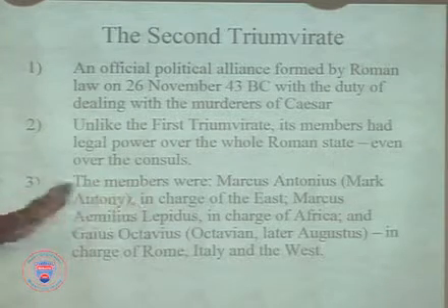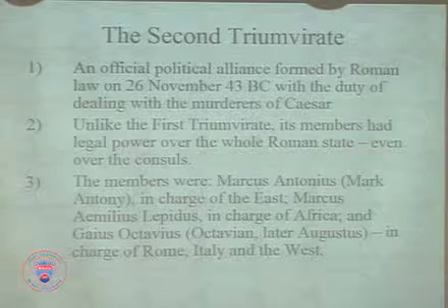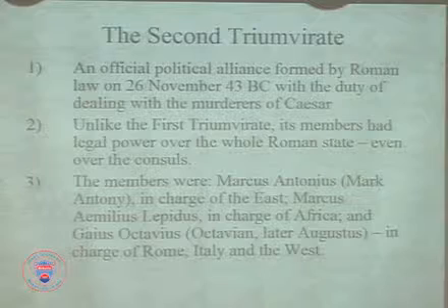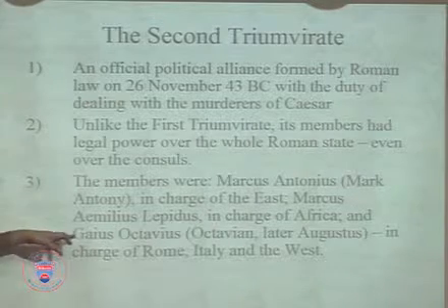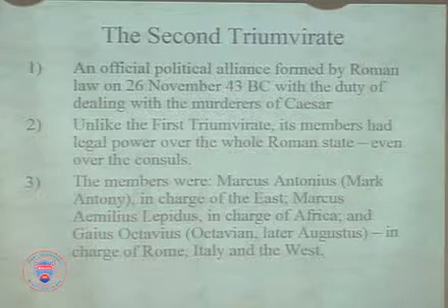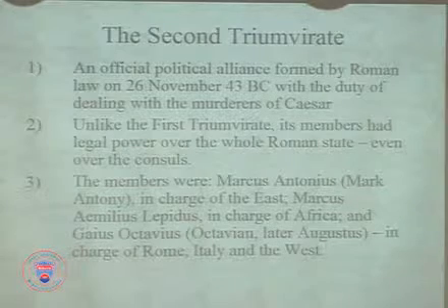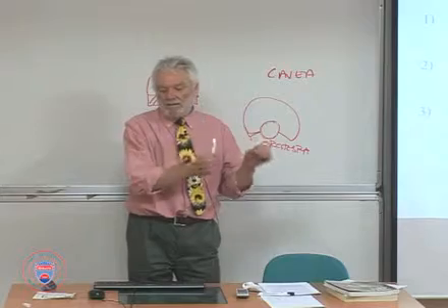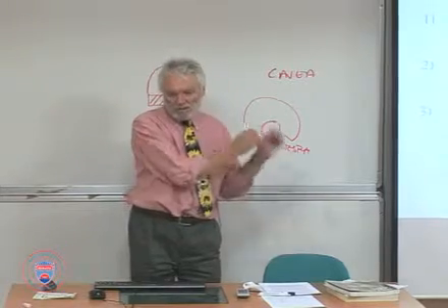Marcus Antonius, Mark Antony, is placed in charge of the East, Marcus Aemilius Lepidus in charge of Africa, and Gaius Octavian, later Augustus. He's Caesar's sister's daughter's son.